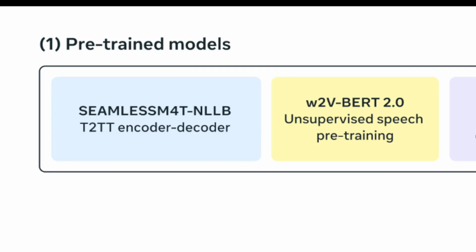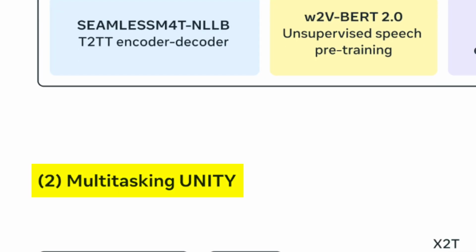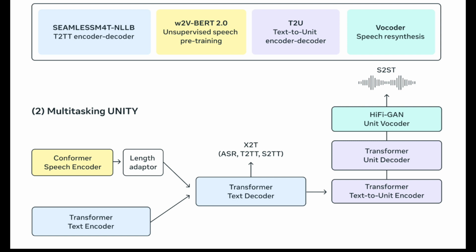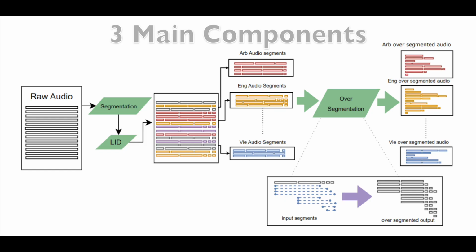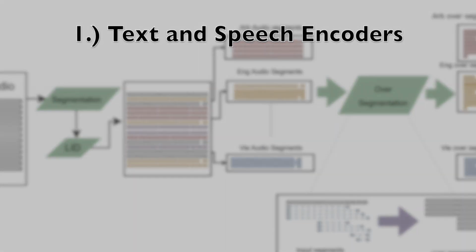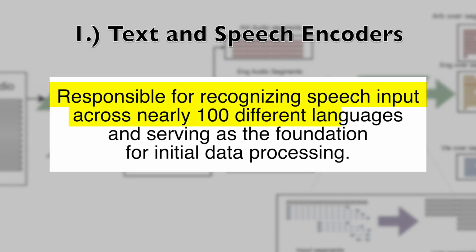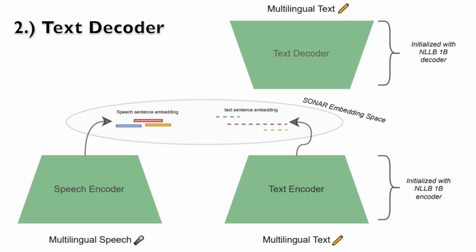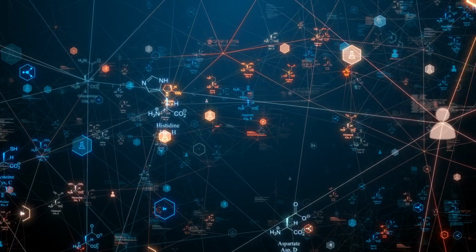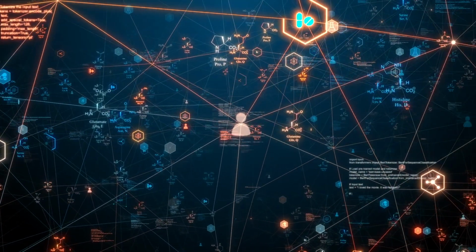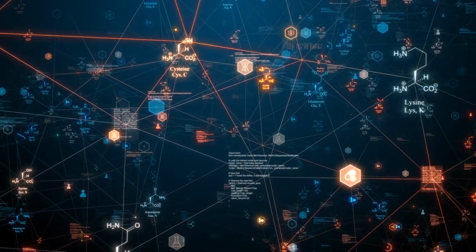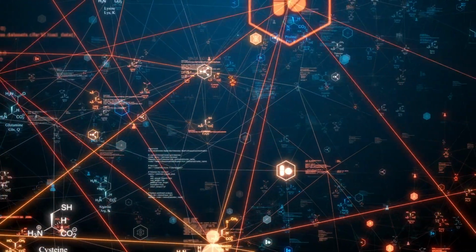The model itself uses a multitask UnitY architecture to generate translated text and speech directly. This model consists of three main sequential components: text and speech encoders, responsible for recognizing speech input across nearly 100 different languages and serving as the foundation for initial data processing. Once speech input is recognized, the text decoder takes on the responsibility of translating the content into nearly 100 languages, providing text-based translations.